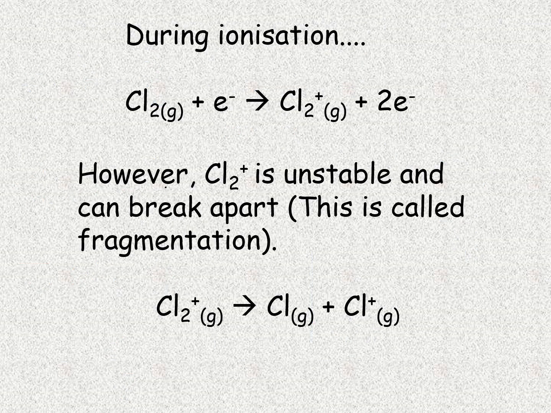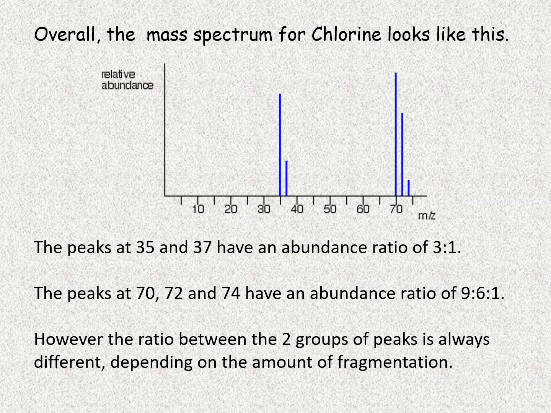However, that's not the full story, because the chlorine molecules, due to the high energy of the mass spec, fragment, which means break apart, to give chlorine ions, this Cl+. So what you actually find on the mass spectrum is you find 5 peaks. You have a peak at 70, 72, and 74, like we've just discussed, in this 9 to 6 to 1 ratio.